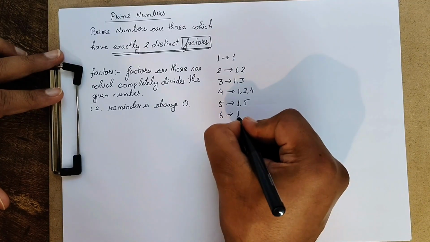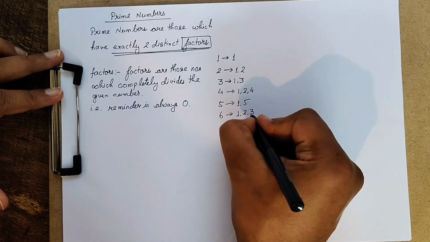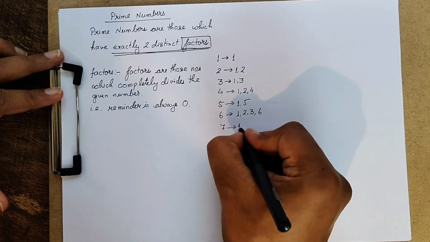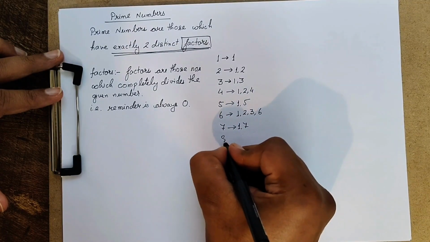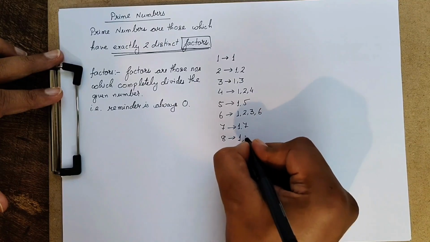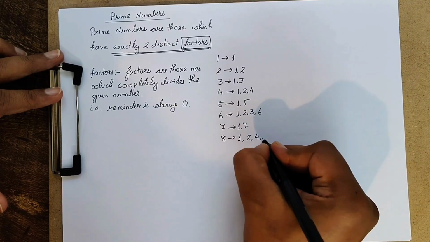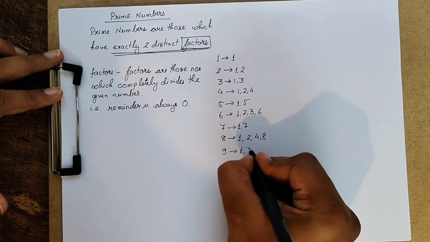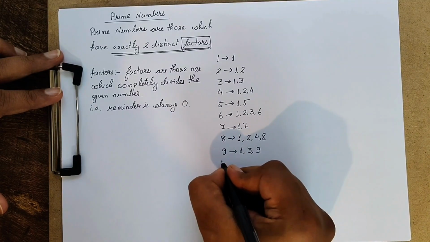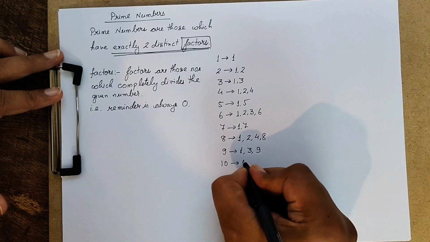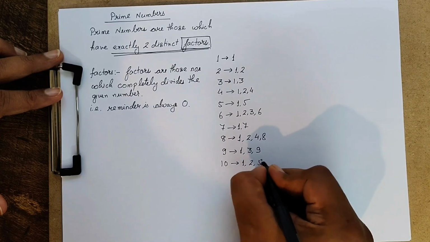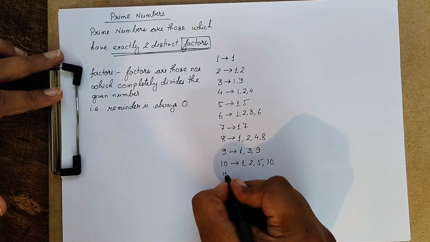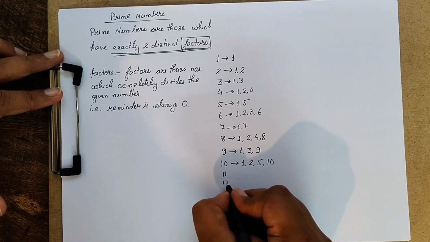Factors of 6 are 1, 2, 3 and 6. Factors of 7 are 1 and 7. Factors of 8 are 1, 2, 4, 8. Factors of 9 are 1, 3, 9. And factors of 10 are 1, 2, 5 and 10. And so on. We can write factors of 11, 12 and so on.